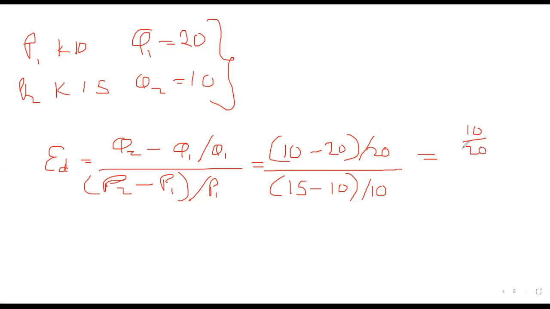Okay, so this is 10 over 20 negative. This is what? 5 over 10 positive. But it's 0.5. And this is positive 0.5. So our final answer is -1.